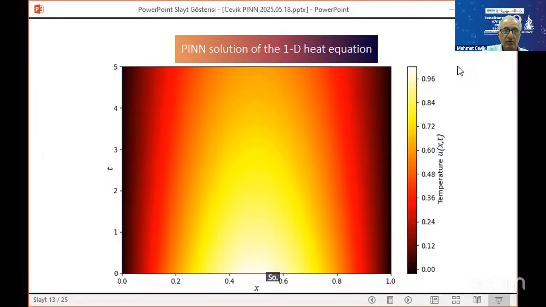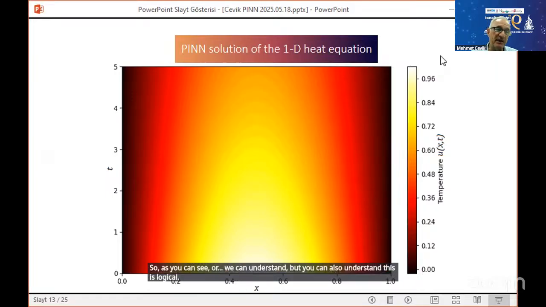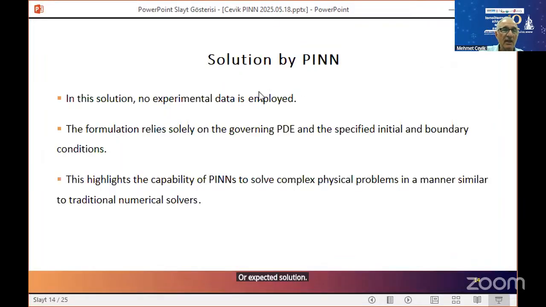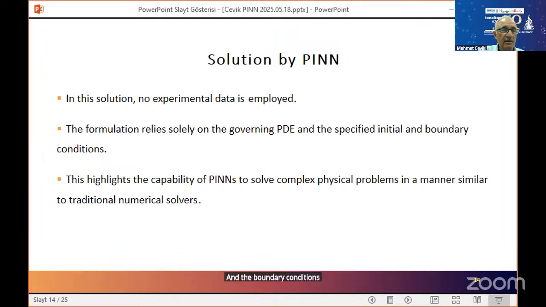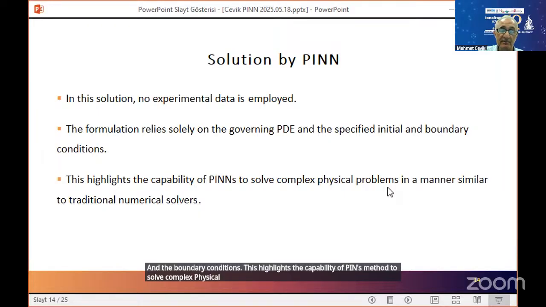As you can see, this is a logical, expected solution. In this solution, we used no experimental data. We just used the differential equation and the boundary conditions. This highlights the capability of PINN's method to solve complex physical problems.